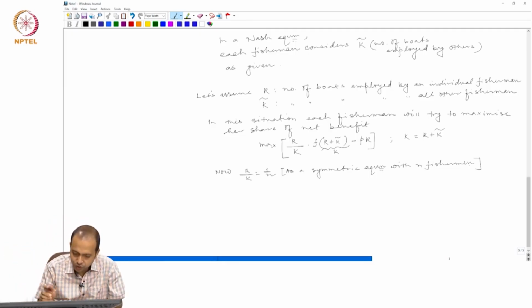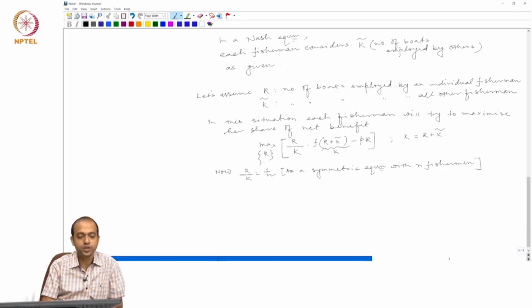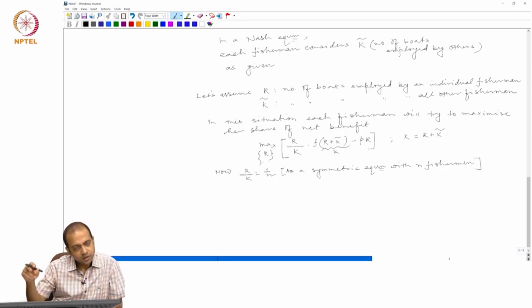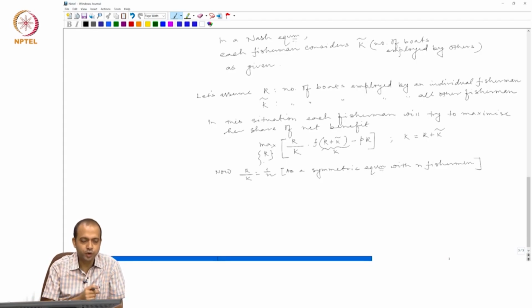So, what would be the solution for this maximization? This is the maximization problem, and what is the control variable here? The control variable is basically your number of boats. You might be thinking why this is the number of boats, not the rate of extraction. Actually, the number of boats is directly related to extraction, because I have assumed initially that fish catching is a single input production function.